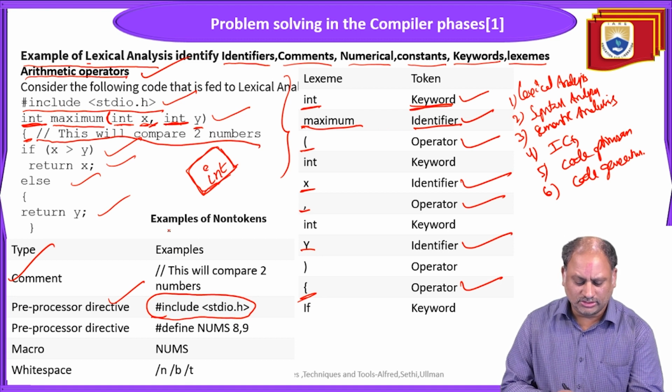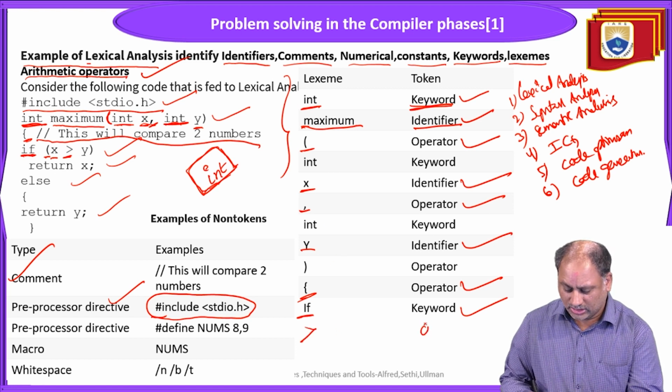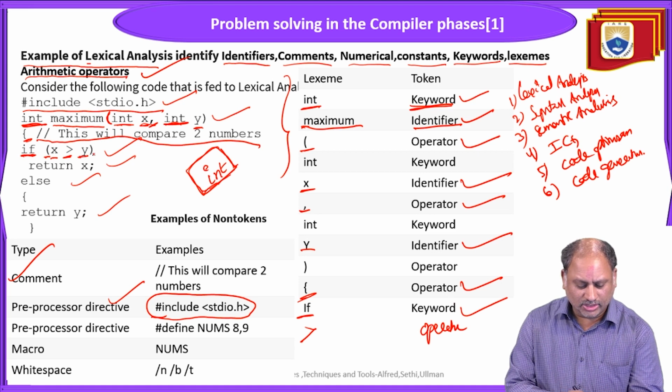In this line, if is a keyword, so it is written as a keyword, and left parenthesis is already written, x is taken. Greater than is an operator, and y we have considered already, it is an identifier. Right parenthesis is also an operator.